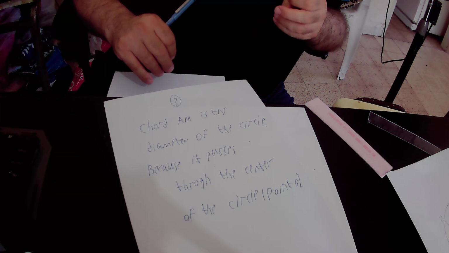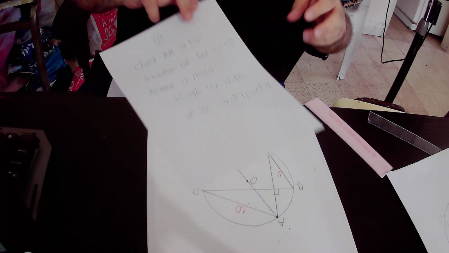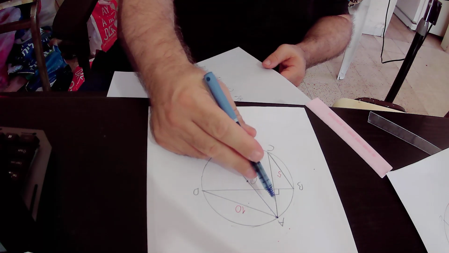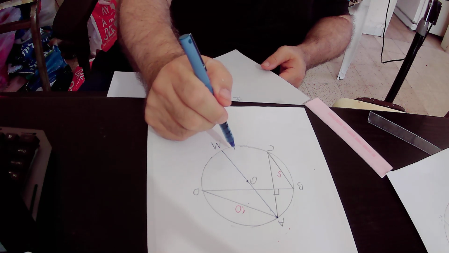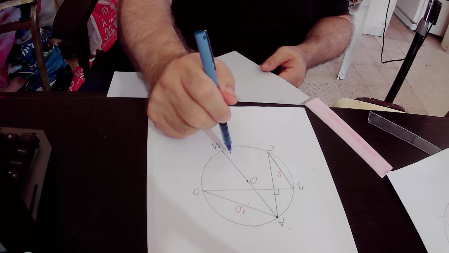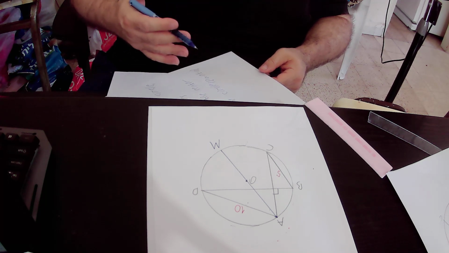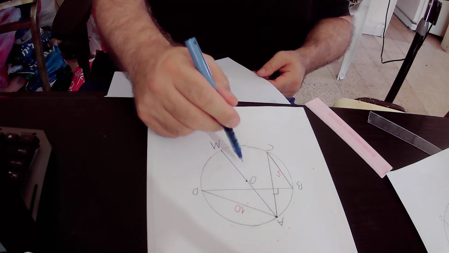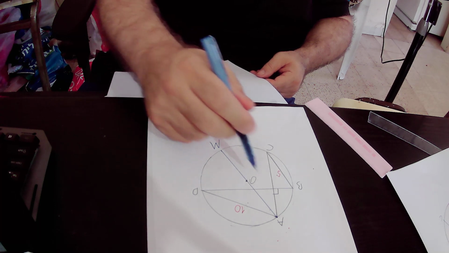That is to say, it passes through point O, that is the center of this circle. Okay, so I will read again what I wrote. Chord AM is the diameter of the circle because it passes through the center of the circle, that is to say, through point O. For that reason, chord AM is the diameter of this circle, because any chord that passes through the center of the circle is defined as the diameter of the circle.